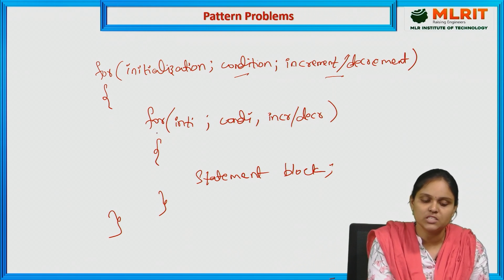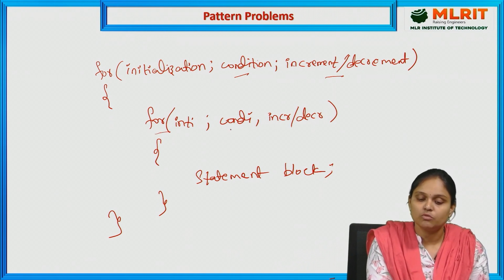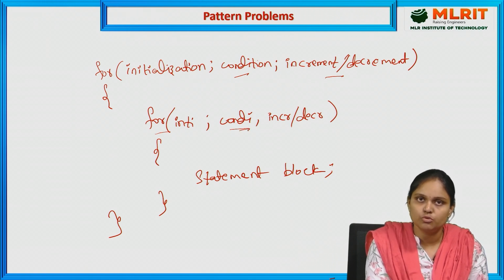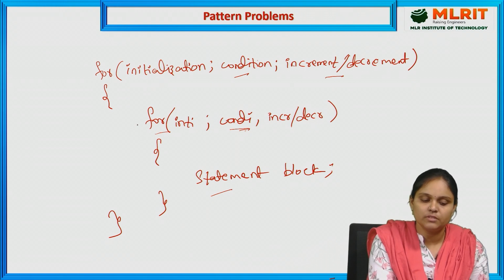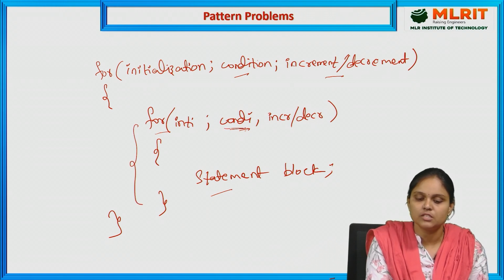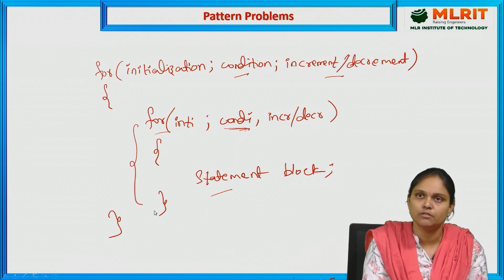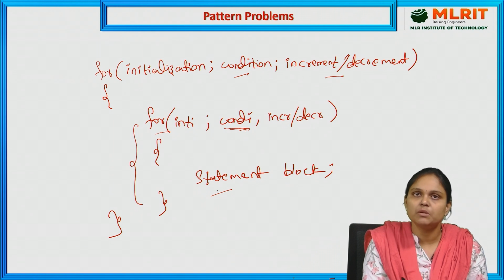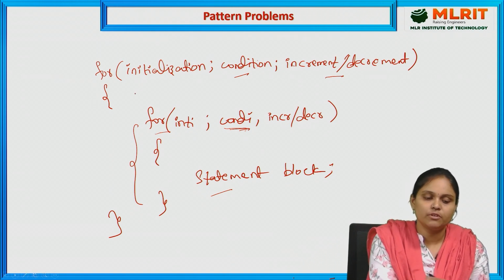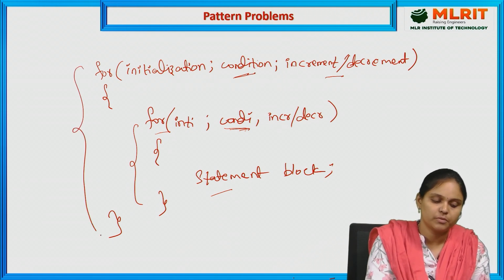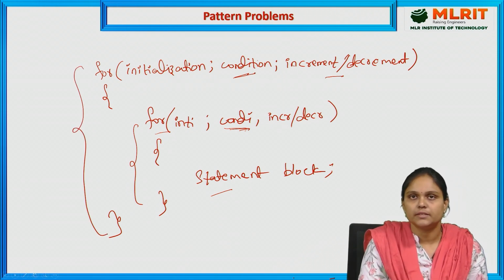Next we check the condition in the inner for loop, and if this condition is true, then the statement block gets executed. Whenever the condition is false, we come out of the inner for loop. Until then, the statement block will be repeated. And when the condition of the outer for loop is false, the complete outer for loop will be exited.